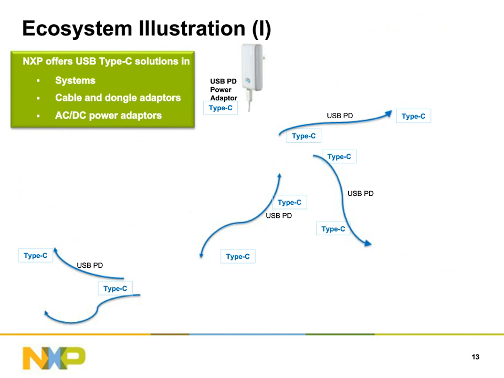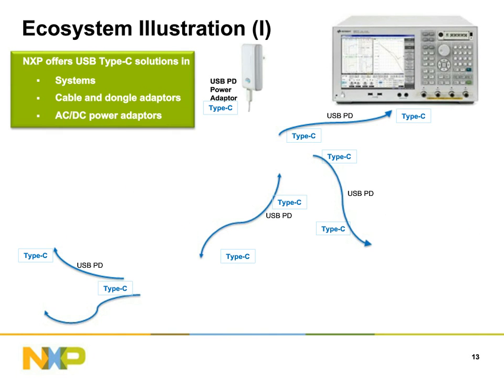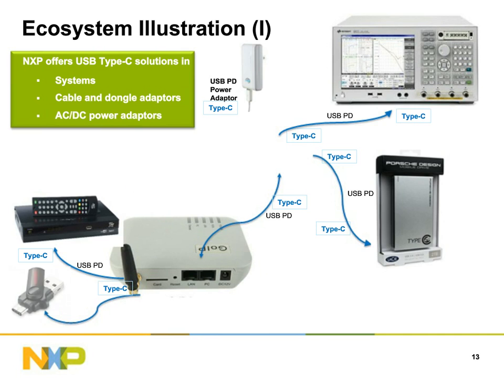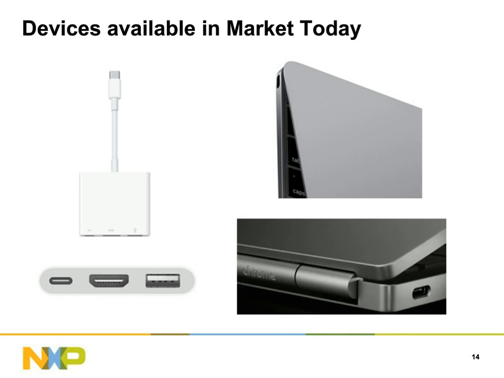Next, it's very easy to imagine once you have all the consumer devices adopting Type-C, a whole other set of devices, potentially like our set-top boxes, our peripherals that we use, storage devices, game controllers, all of them also have an incentive to move to USB Type-C because we all want to be compatible, and give the end customers that flexibility and ease of use.